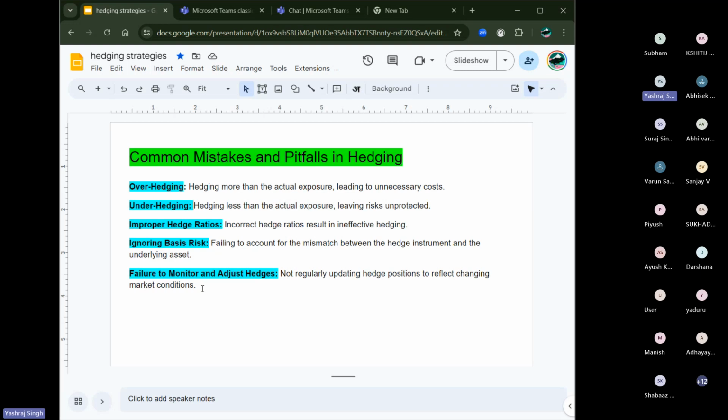We need to understand that if our ultimate goal from creating such hedges is to have no exposure in the markets, then we need to monitor and adjust our hedges periodically, right? We need to keep modifying the quantity that we bought or sold against that particular exposure in the markets, because the markets are changing and we need to keep changing our positions with those dynamic market conditions, right?